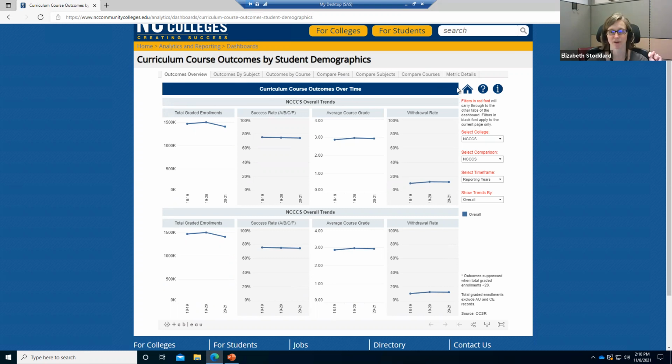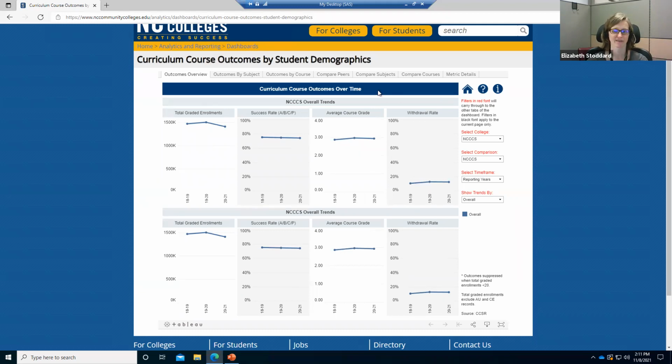All of our dashboards have this sidebar over on the right-hand side. This is where you can usually find filters, your legends, and any notes about the data. We always list our data source on this part of the dashboard, so pay attention to the sidebar if you need to make any changes to your view.